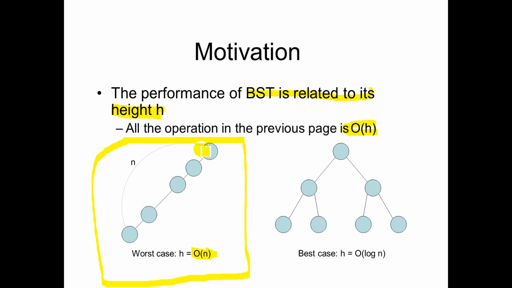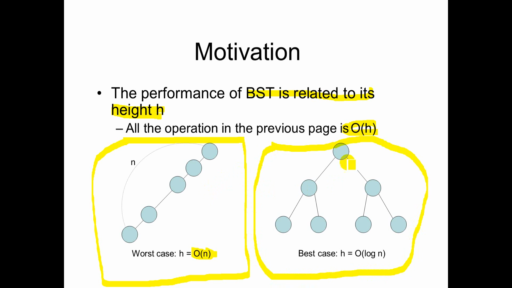On the other hand, on this side, this is the best case. In the best case, it could be order of log n, since in the best case the height is order of log n.